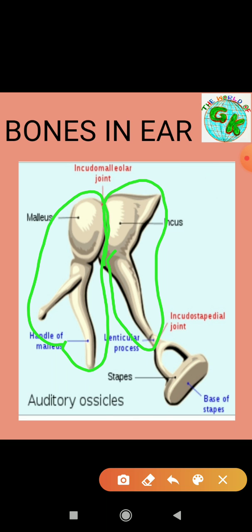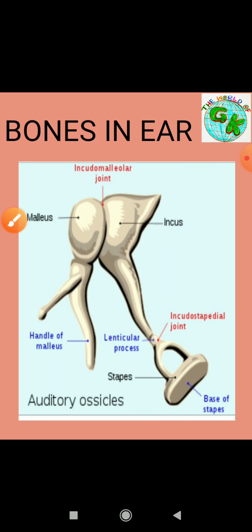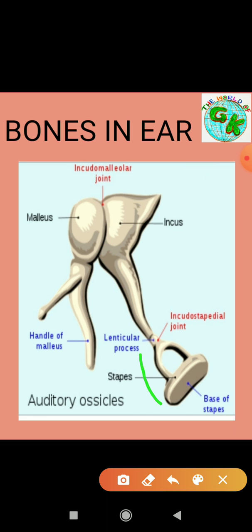Incus is an anvil shaped bone. And here you can see the smallest bone in human body, that is nothing but stapes. Stapes is the smallest bone in human body and it is stirrup shaped bone.